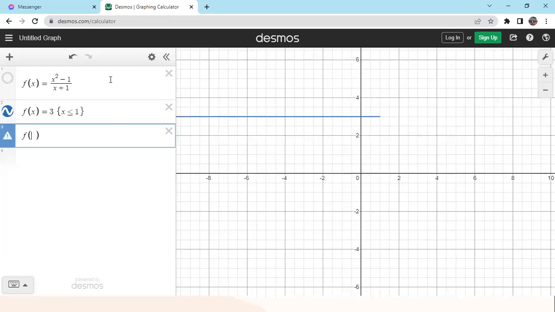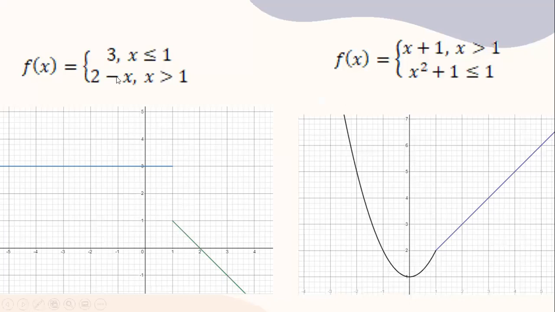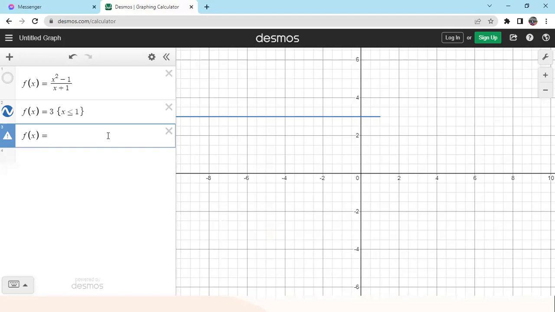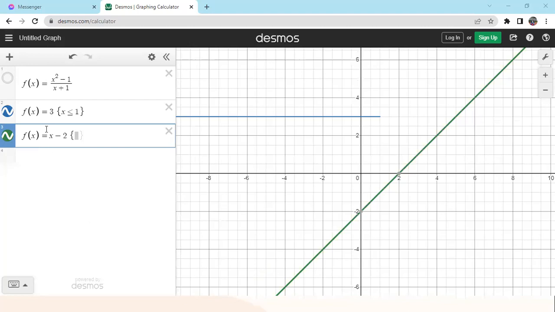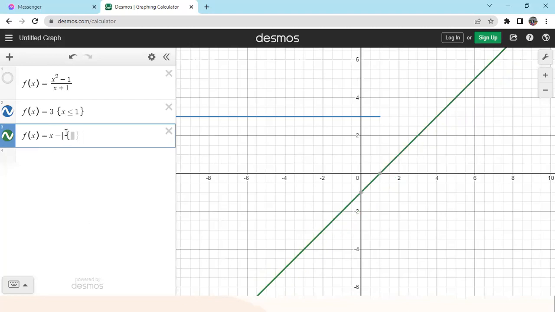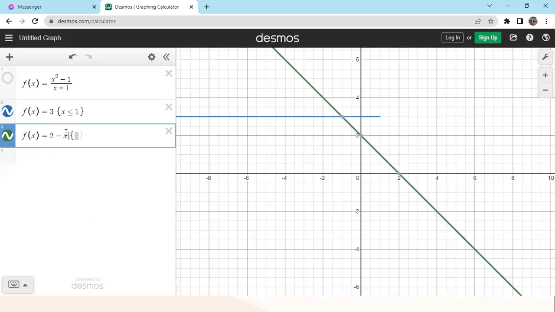And for the second one, we have f of x is equal to 2 minus x for x is greater than 1 naman. So, 2 minus x for x is greater than 1.